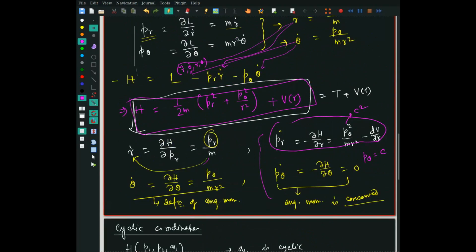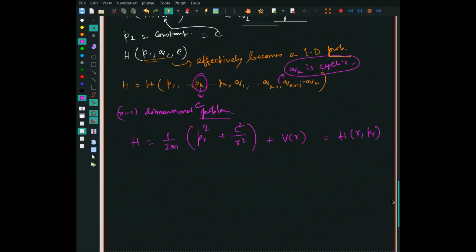This kind of simplification you can do in the Hamiltonian approach, but notice that you could not do that in the Lagrangian approach. You might ask why I cannot do this in the Lagrangian approach. Suppose we take the mirror image of this in the Lagrangian approach. What will happen?